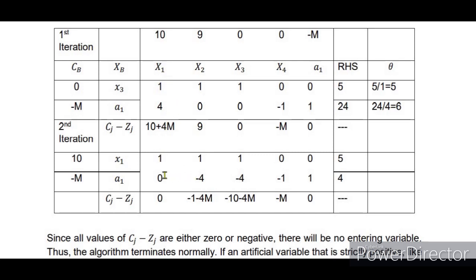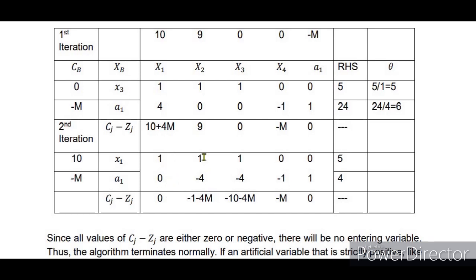Now, what number can we use to make an identity matrix between x sub 1 and a sub 1, because they are the ones that lie here in x sub b? We can use the number 4. Why? Because for the first column, x sub 1, 4 times 1 is 4. The previous value of the a sub 1 row is 4, so 4 minus 4 is equal to 0. So we can use 4.